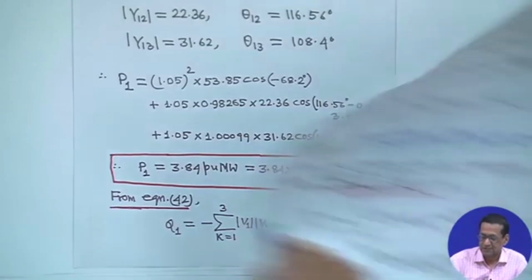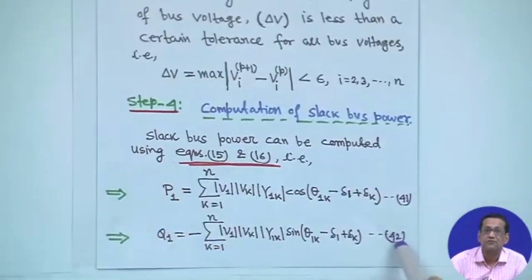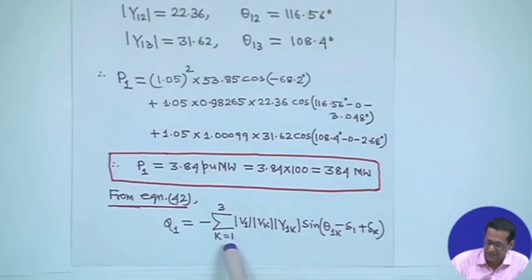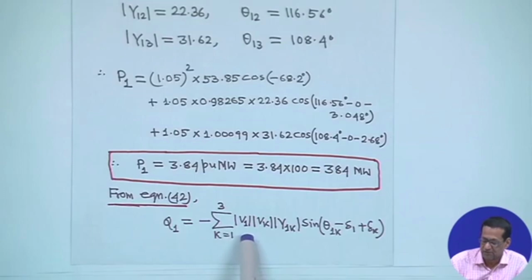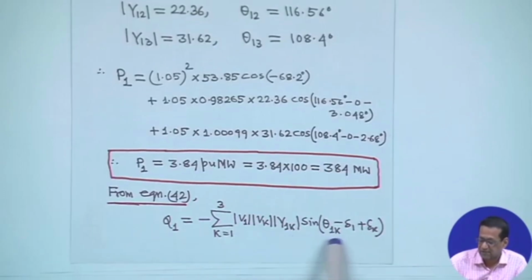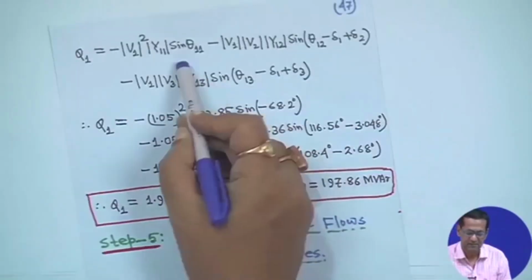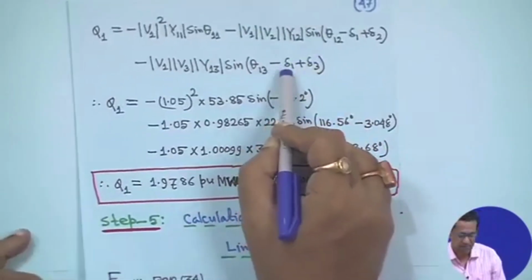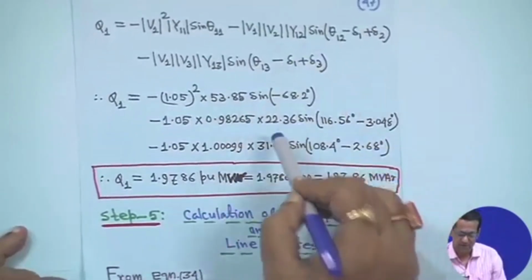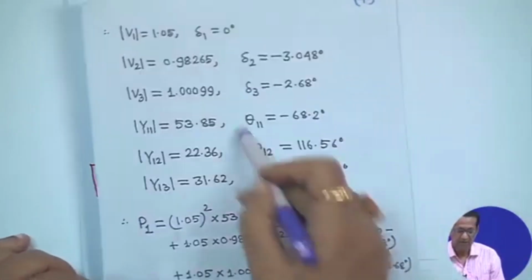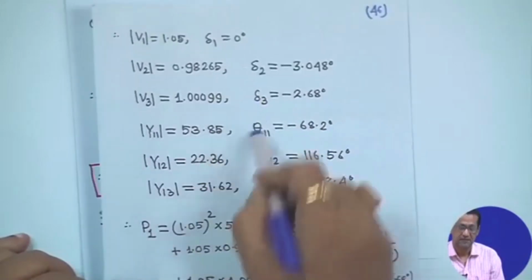Therefore, Q1 is equal to minus the sum over k equal to 1 to 3 of magnitude V1, magnitude Vk, magnitude Y1k, sine of theta 1k minus delta 1 plus delta k. You expand this and then substitute all the parameters we have given here.